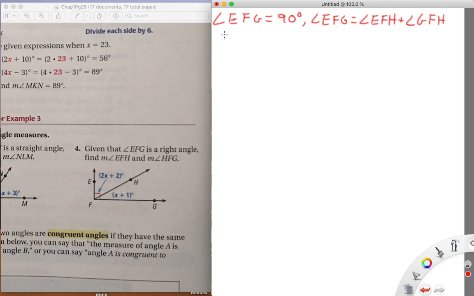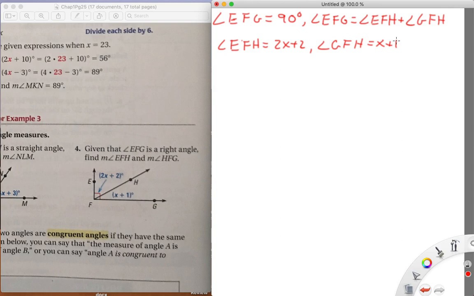I'm given that EFH is equal to 2x plus 2. And I'm given an angle GFH is equal to x plus 1 degrees.